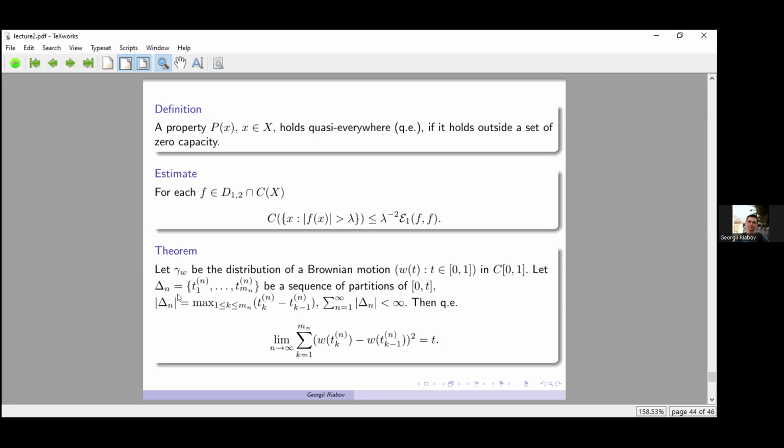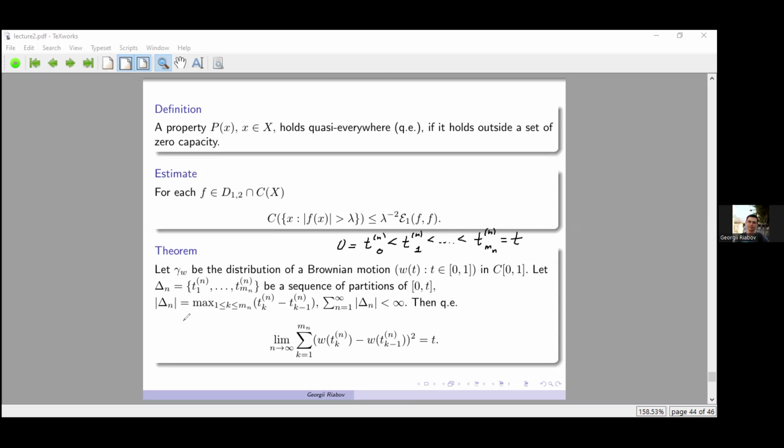So Delta_n is a partition that consists of points t_{n,1} and so on, some number of points. Here we assume that t_{n,0} is 0, less than t_{n,1}, and so on, up to t_{n,m_n}, which is equal to t.